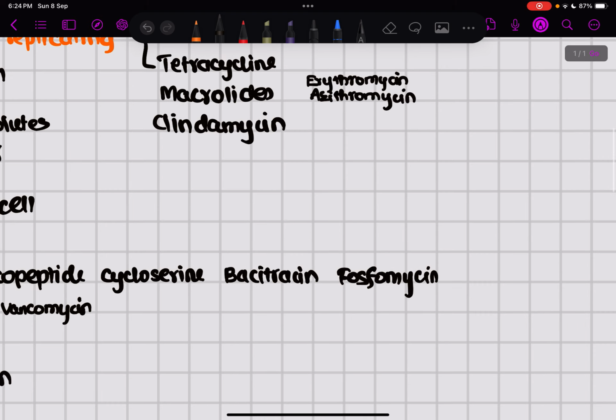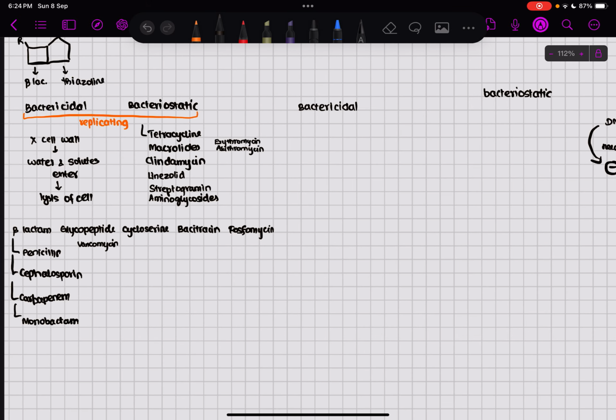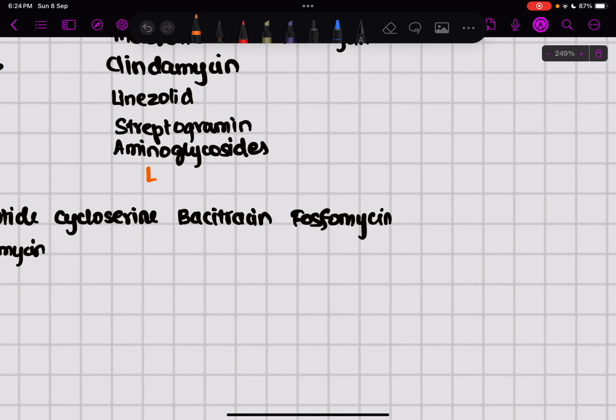Then linezolid, streptogramin, and aminoglycosides. Here there is one exception. All of these are bacteriostatic except for aminoglycosides, which are bactericidal. An example of aminoglycosides is gentamicin.